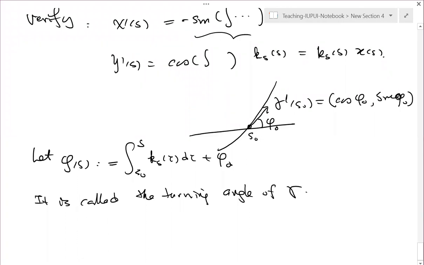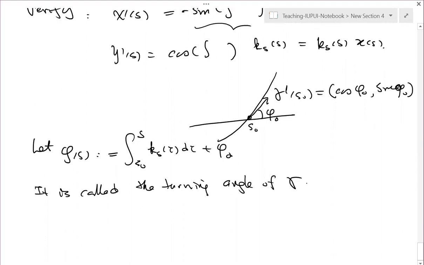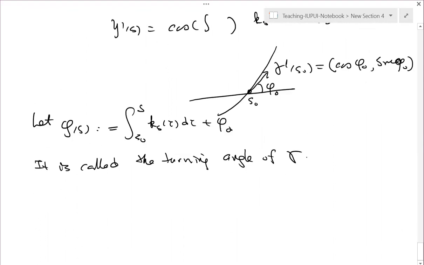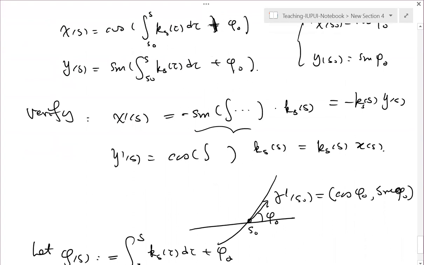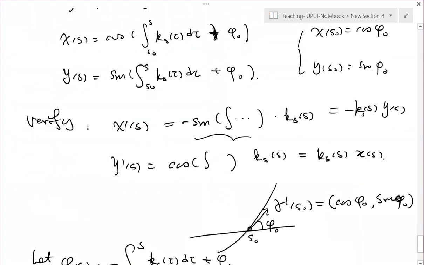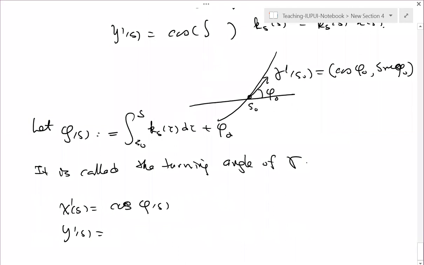It's interesting, and this is an angle. So think about that: x s is going to be cosine phi s, y s equals sine phi s. And gamma prime s is going to be x s, y s.